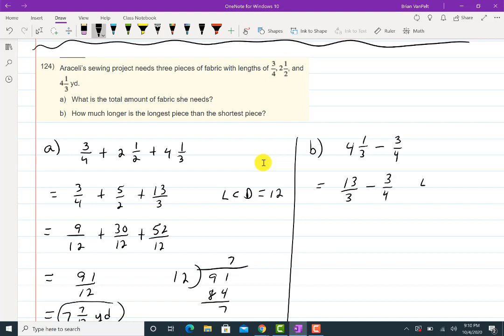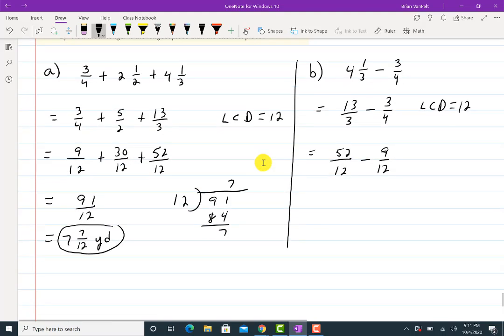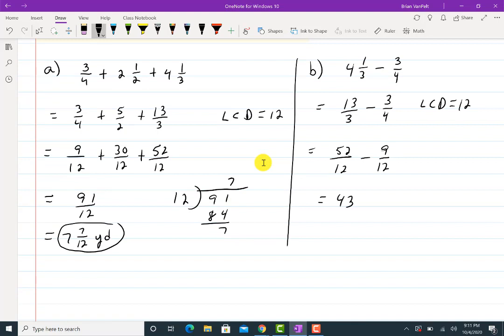The LCD is once again going to equal 12. 13/3 is 52/12. 3/4 is 9/12. I end up getting 43/12. And that looks like it's going to be 3 7/12 yards.